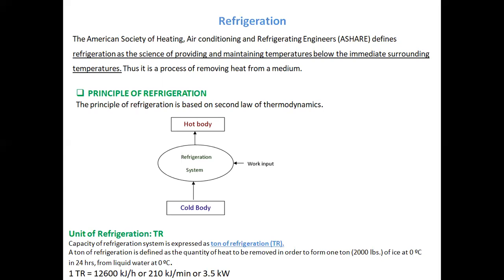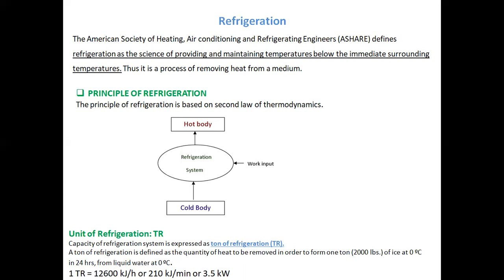So for 1 ton of ice production at 0 degrees Celsius in 24 hours from water at 0 degrees Celsius, you have to remove heat. How much heat you have to remove? That is 1 TR.